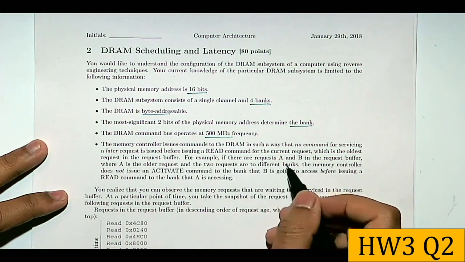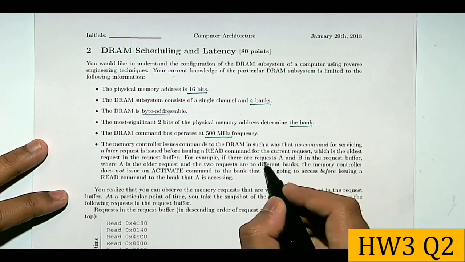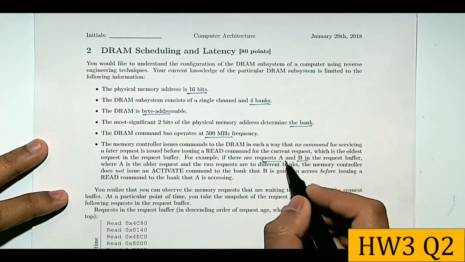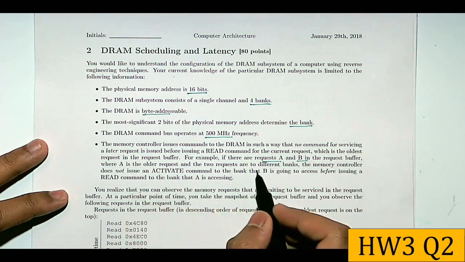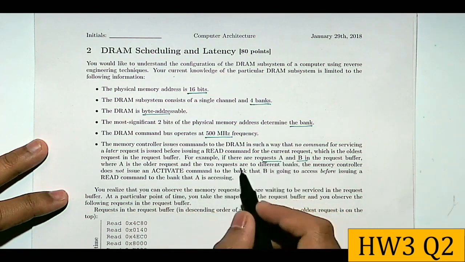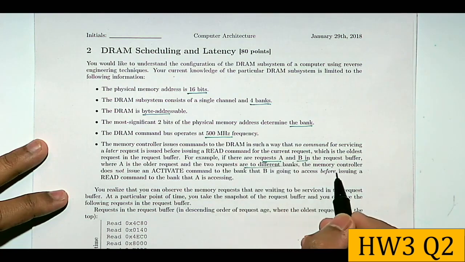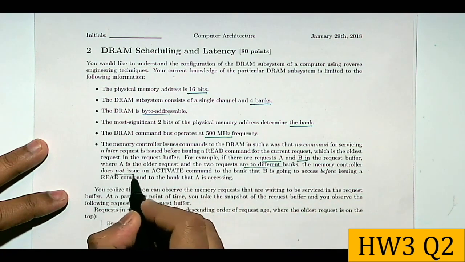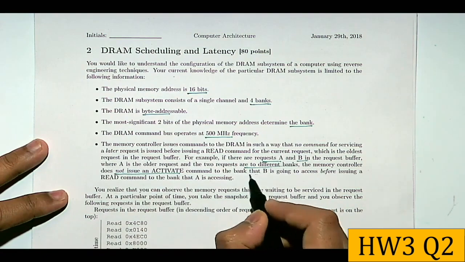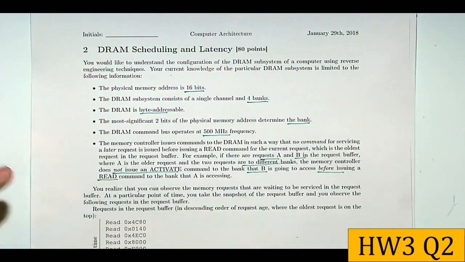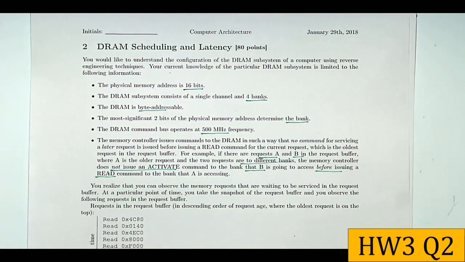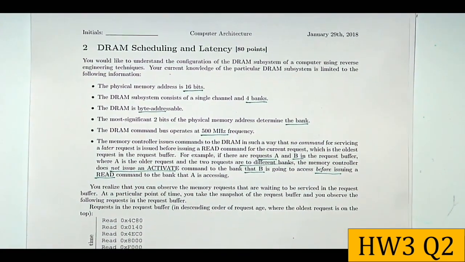So if you have 2 requests, A and B, and A came first, A is the old request, then even if A and B are going to 2 different banks, the memory controller does not issue an activate command to the bank that holds B before issuing a read command for A. So you can think of it as first come first serve rather than any open row policy, completely oblivious to bank parallelism.